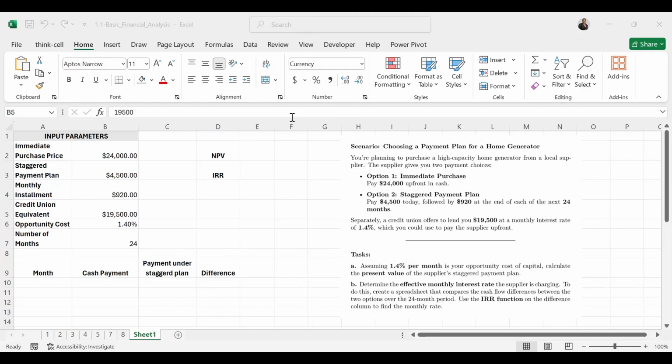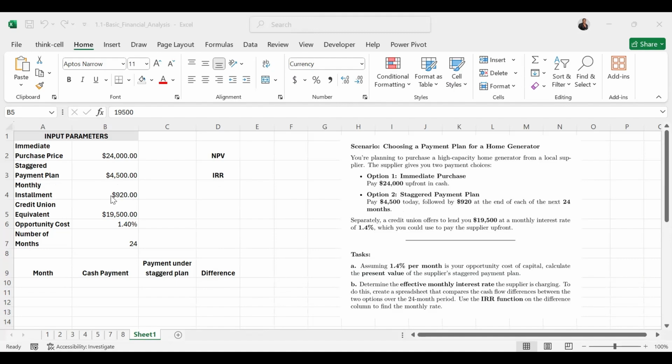To make this fast for us, I've already entered these input parameters as well as the NPV and IRR cells. Let's just confirm that everything is correct. Our immediate purchase price is $24,000. You can see it's correct. Staggered payment plan, $4,500, that's for today.